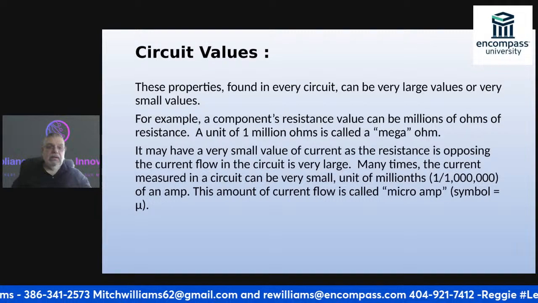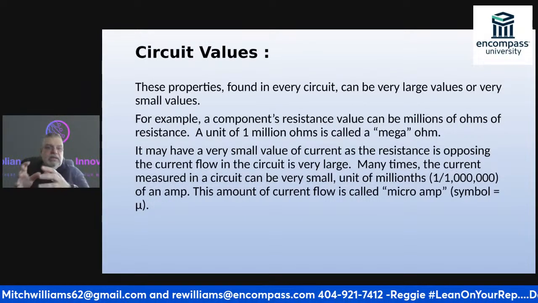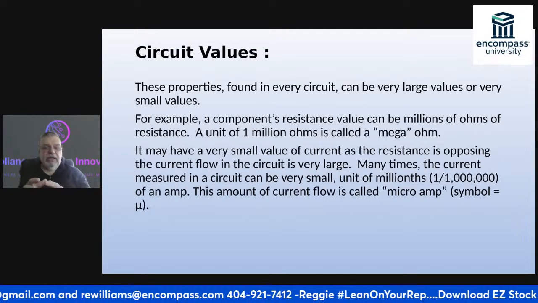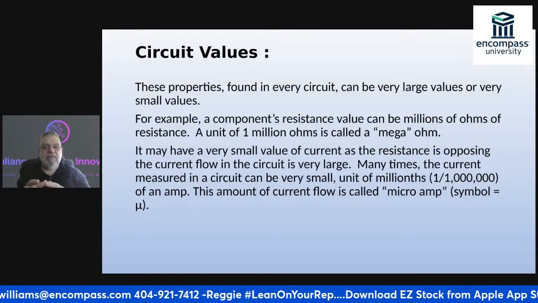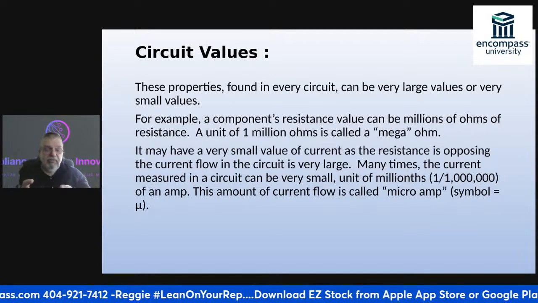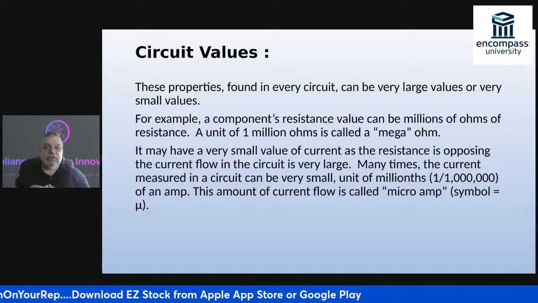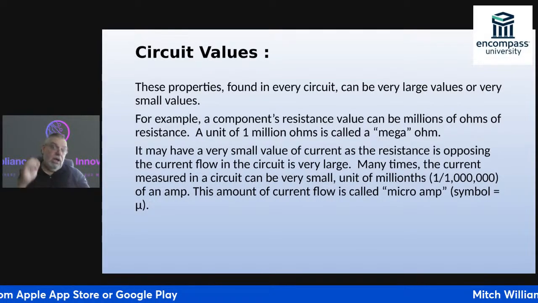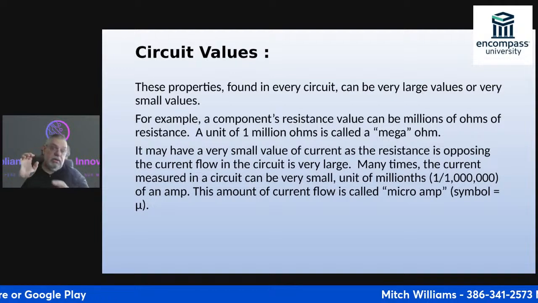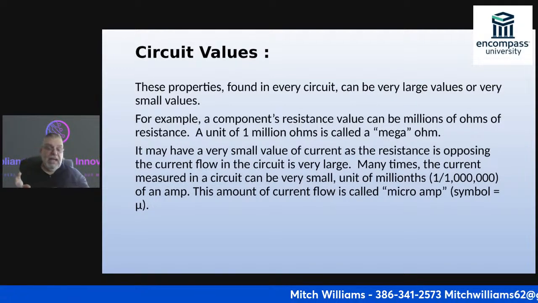Okay, so circuit values. These properties are found in every circuit. They can be large values or very small values. For example, a component's resistance can be in the millions of ohms. A unit with a million ohms is called a mega ohm.